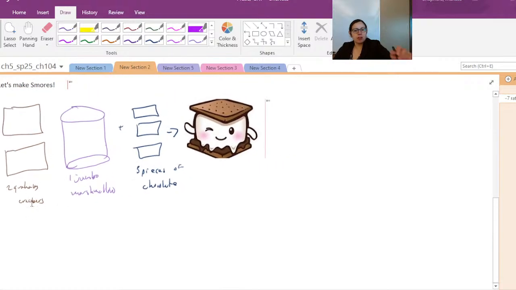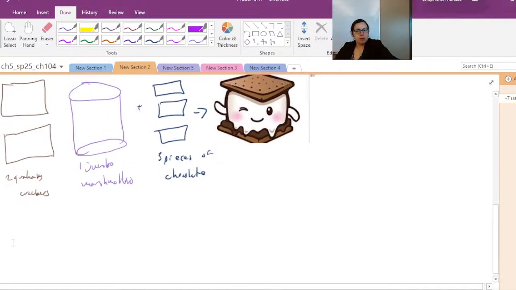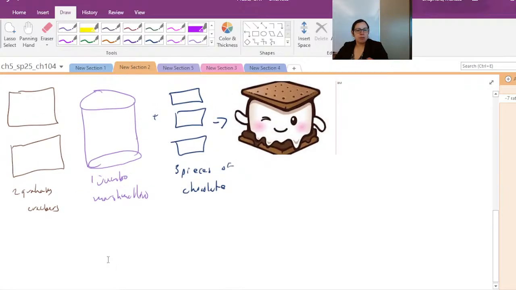And so now let's just start off with something relatively simple. So let's just say we want to make, let's make 25 s'mores.